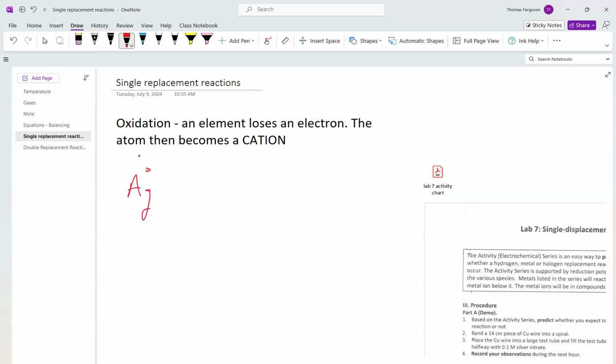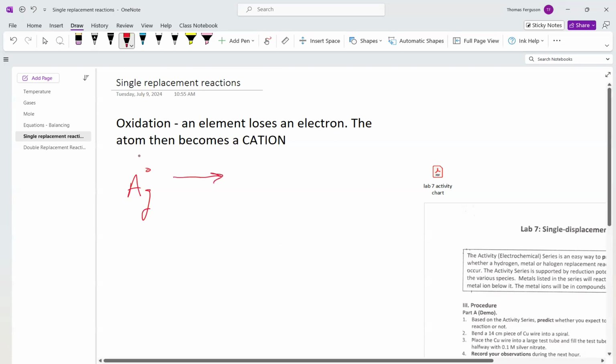Okay, it's a metal, basically. Okay, so if we were to lose, and you can lose 1, 2, and 3 electrons, any number. So in this case, silver likes to form a +1 ion when there's the loss of that electron.